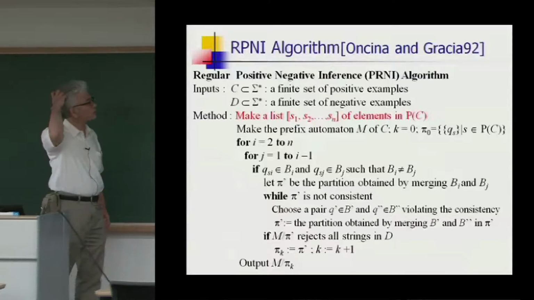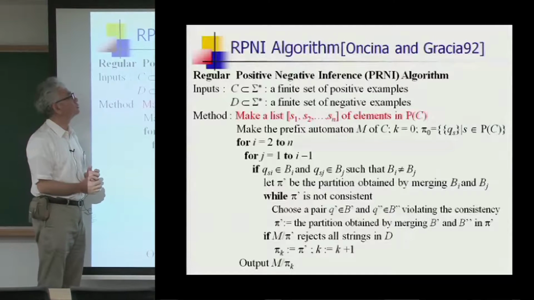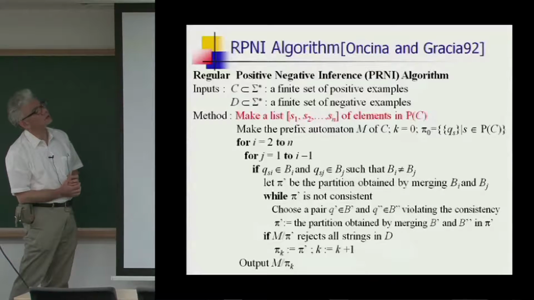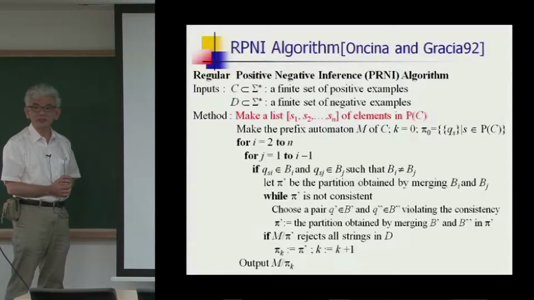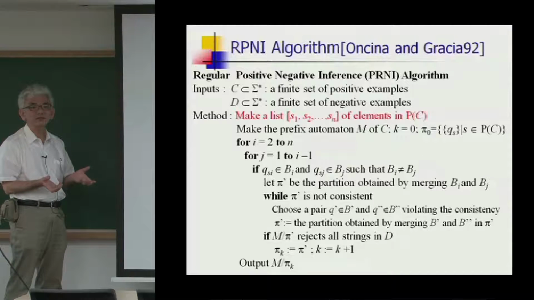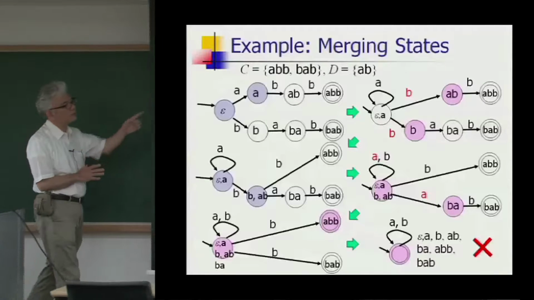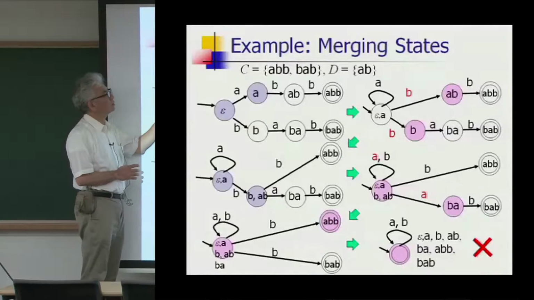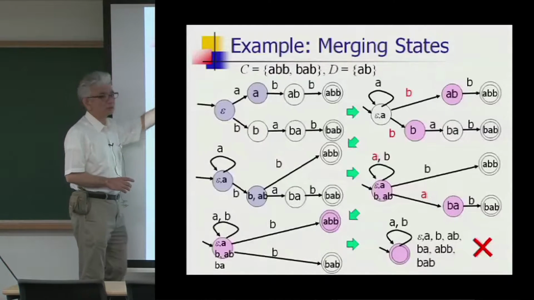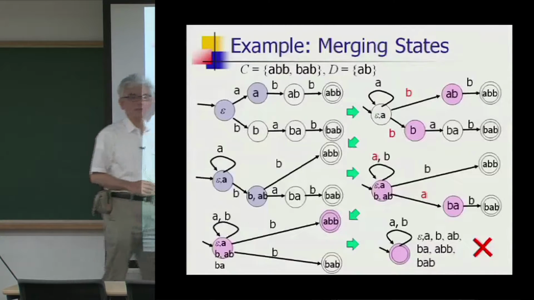Okay. I also introduced another algorithm which uses a prefix tree automaton and merging states. The prefix tree automaton is like this. For the positive examples, we draw an automaton that just accepts all of the positive examples.